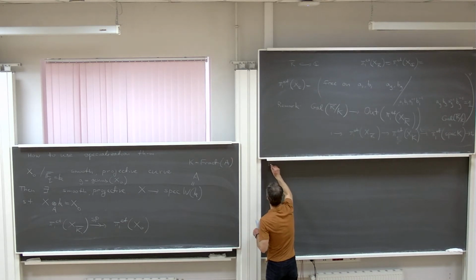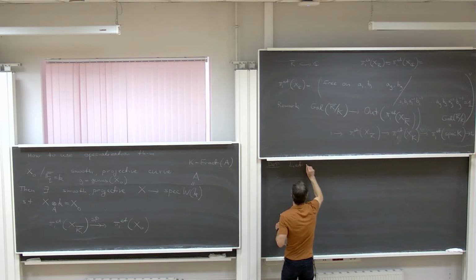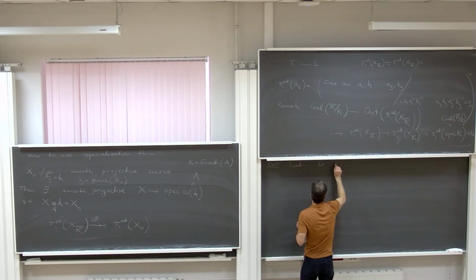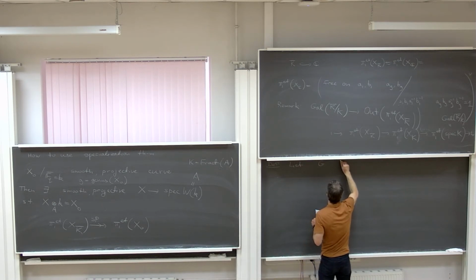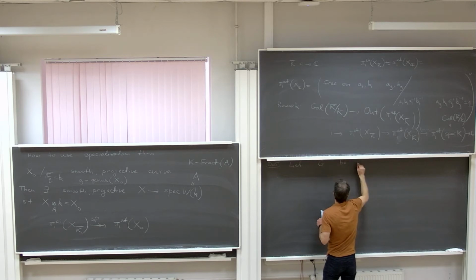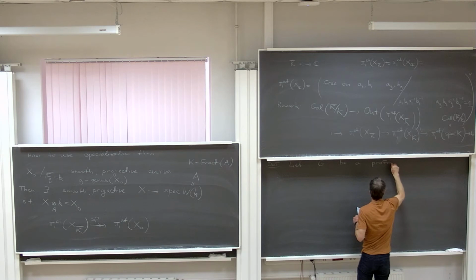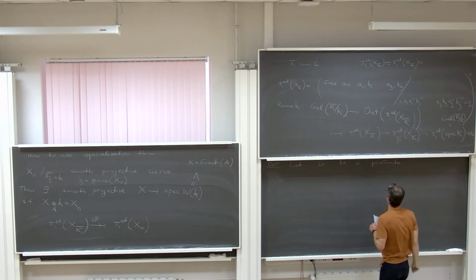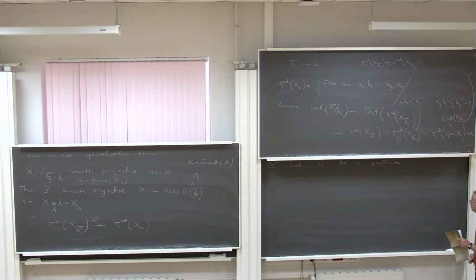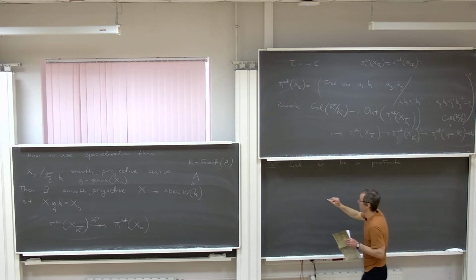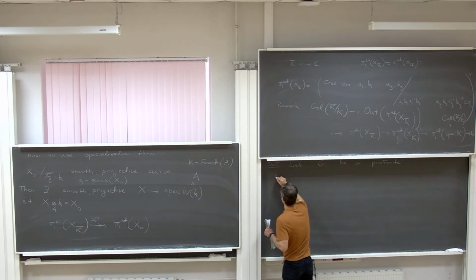Definition. Let G be a profinite group, and define G prime, which is also a profinite group.